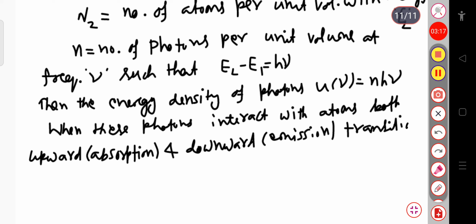That is, both absorption and emission transitions take place.